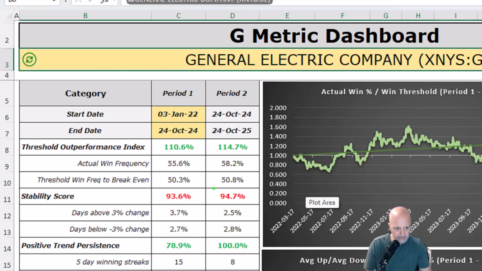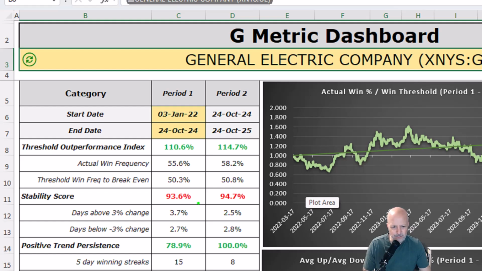In period 2, it had to win a little bit more to break even, at 50.8%, but it actually won at a higher threshold of 58.2%. That means the threshold outperformance index right here is 114.7%. So it was a great stock in period 1, but it's getting better in period 2. I think that's a really interesting stat.